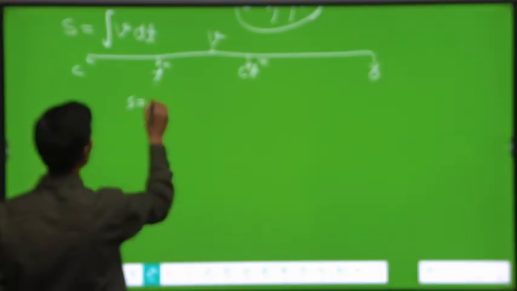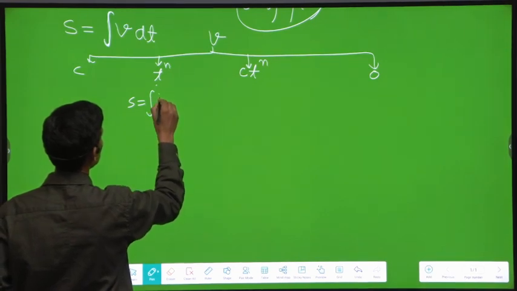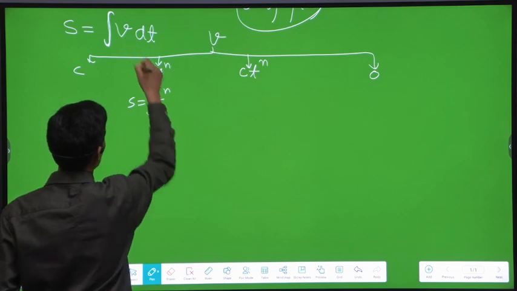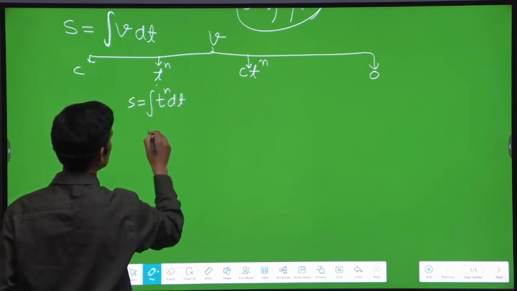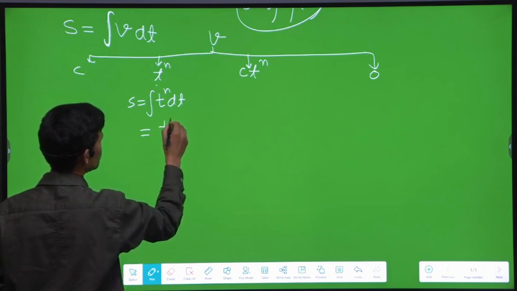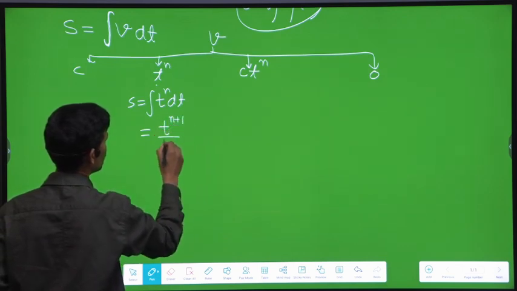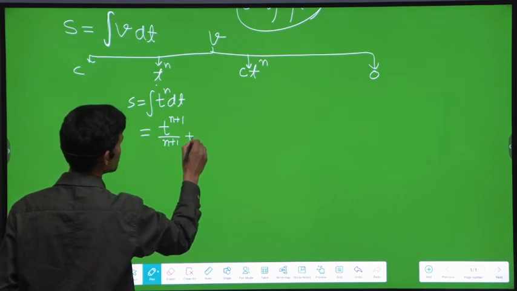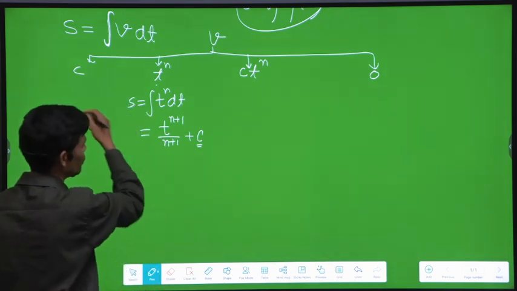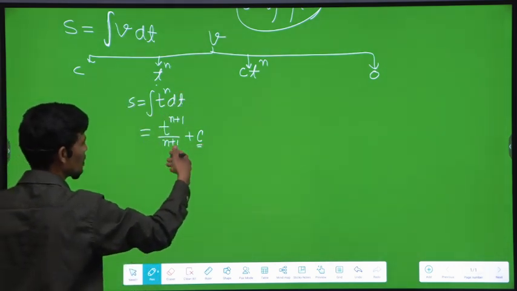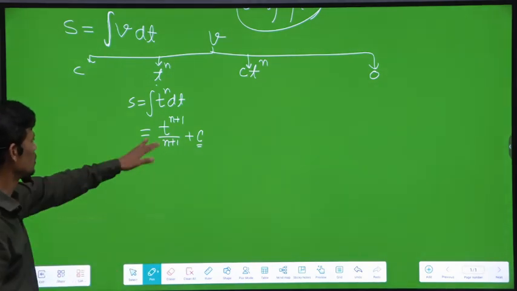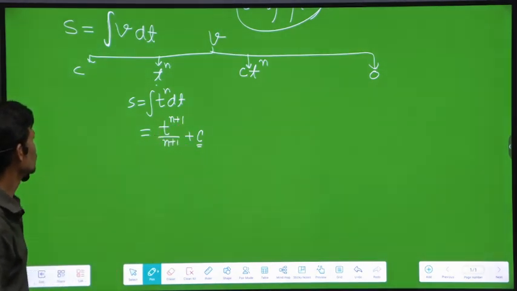So S is equal to integration t to the power n. Actually, v is equal to t to the power n, so I am replacing it here, dt. So it will be equal to t to the power n plus 1 upon n plus 1 plus some constant. It can be any constant, so I am just writing it as c here.